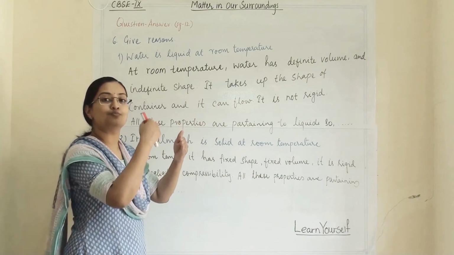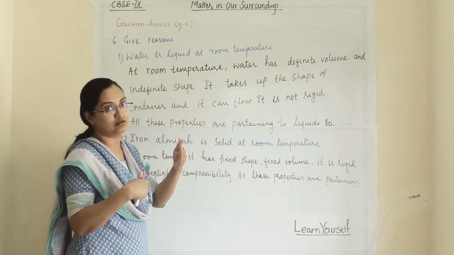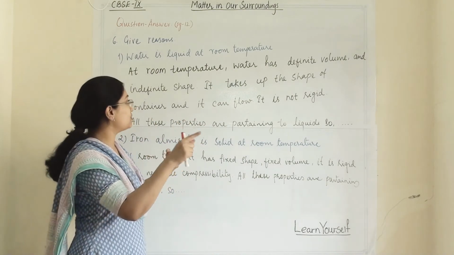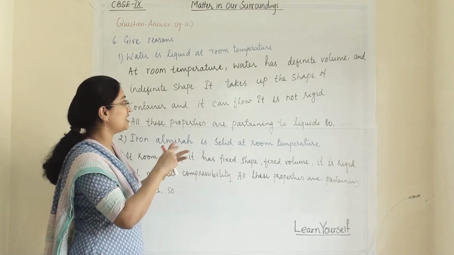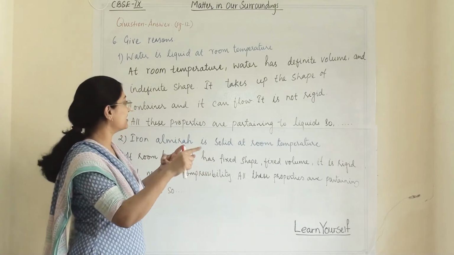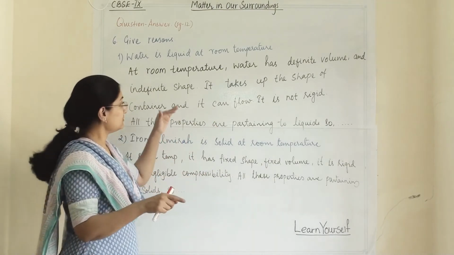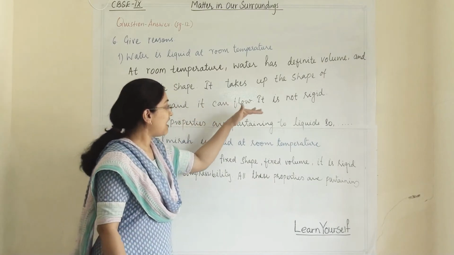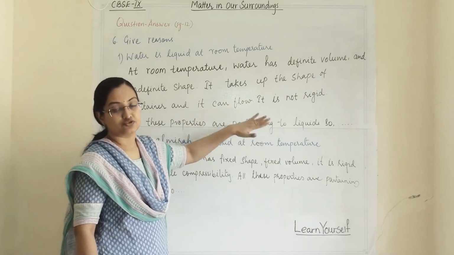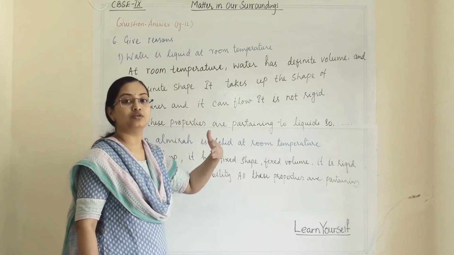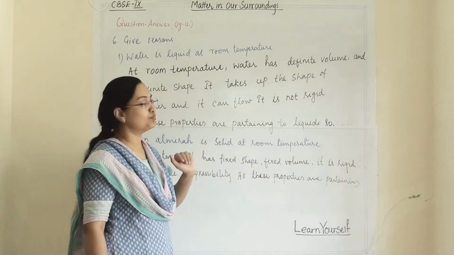You can also mention it point-wise: it has definite volume, it has indefinite shape, it takes up the shape of the container, and fourth point, it can flow. And all these properties pertain to the liquid state. So that's why we can call water a liquid at room temperature.